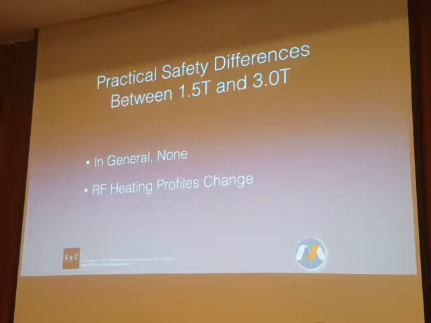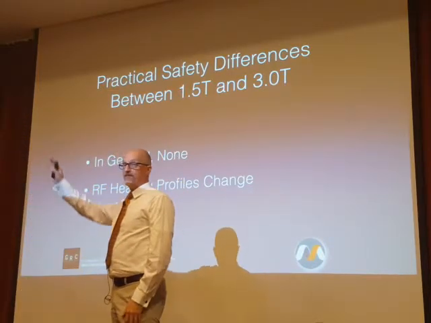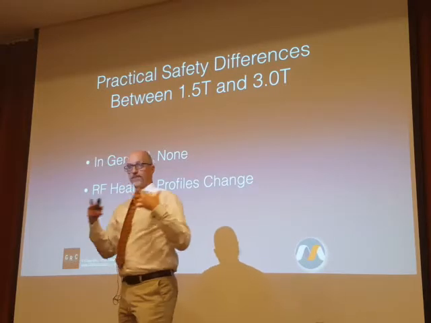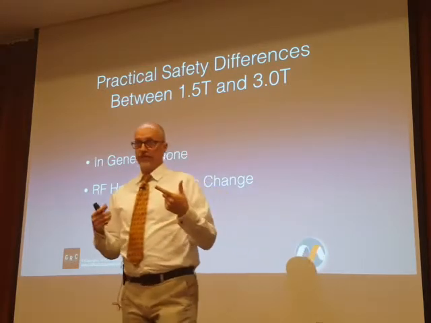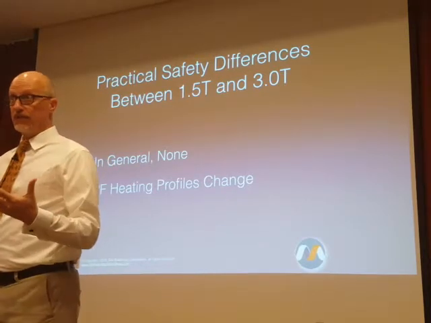Those operational elements of MR safety should be equivalent whether you've got a 0.7 or you've got a 7T magnet. The training, the access controls, those types of elements should be fairly consistent.